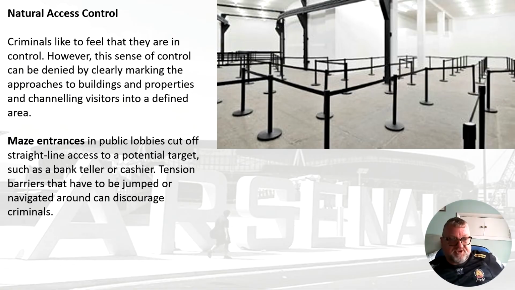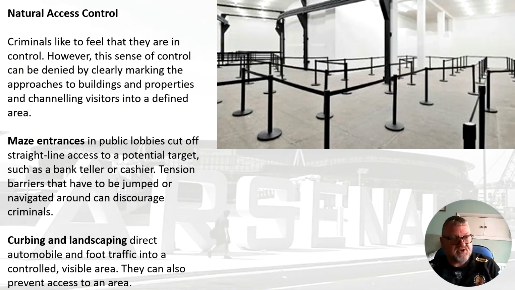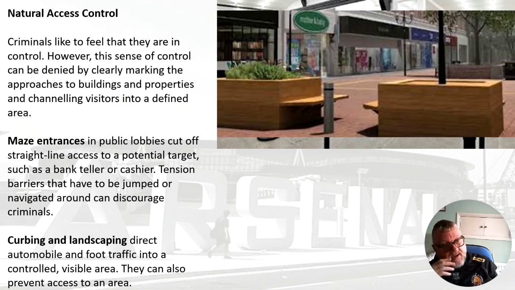Tension barriers that have to be jumped or navigated around discourage criminals. Also curbing and landscaping such as here direct automobile and foot traffic into controlled visible areas. They can also prevent access to an area.